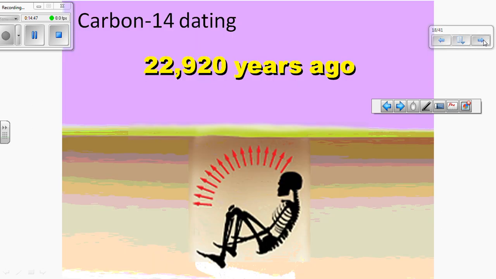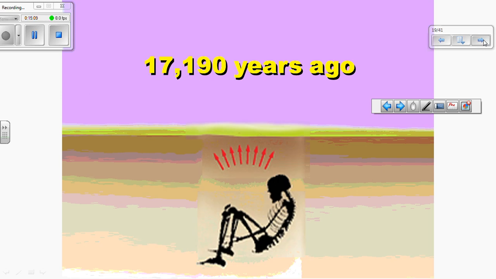Let's look at this progression of pictures so you can see how carbon dating works. Right here, this substance would have been a whole skeleton about 22,920 years ago. And the half-life of it is 5,000 years, so after 5,000 years, about half of it will decay. You can see the progression here.